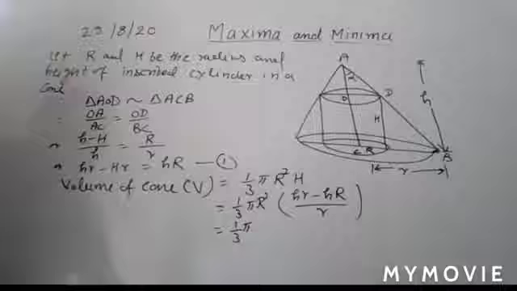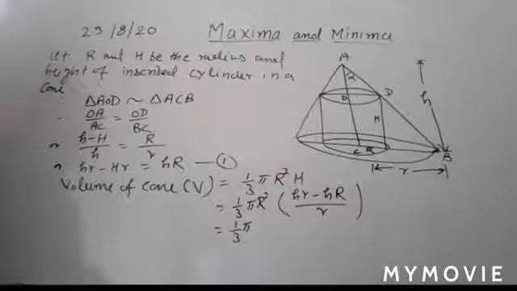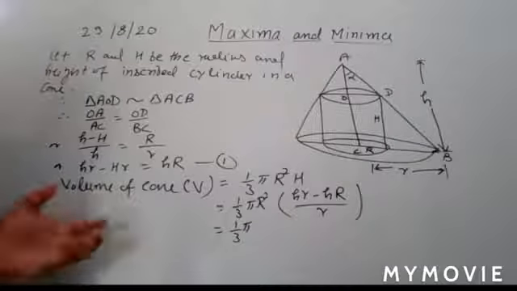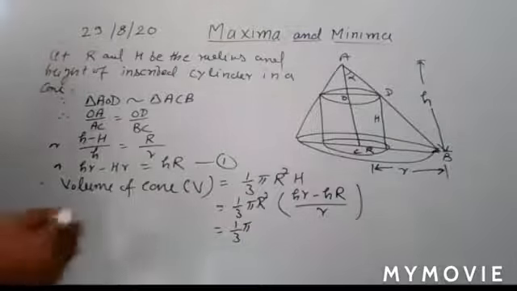So the question is to show that the volume of the greatest cylinder is 4 upon 27 pi h cube tan square alpha. So first you try to find the greatest volume, which means you have your expression in terms of volume.